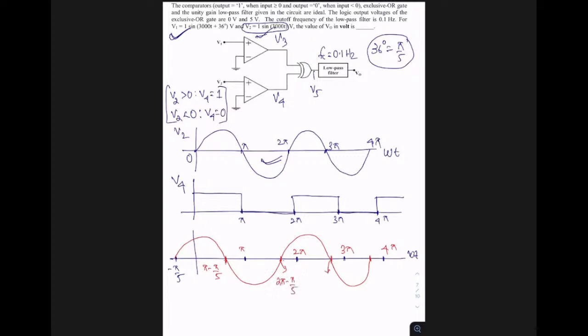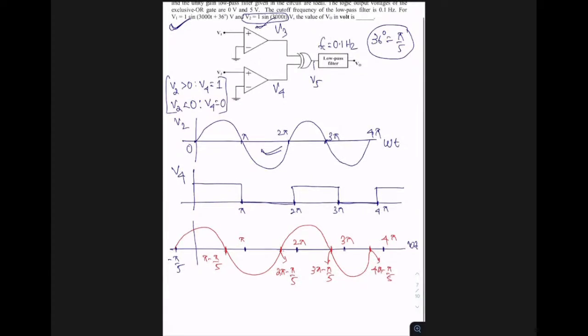This point is 3 pi minus pi by 5. I mean, with respect to 3 pi, 2 pi, these all points are pi by 5 forward, right? And this point is 4 pi minus pi by 5. So now, this is nothing but your V1 waveform.